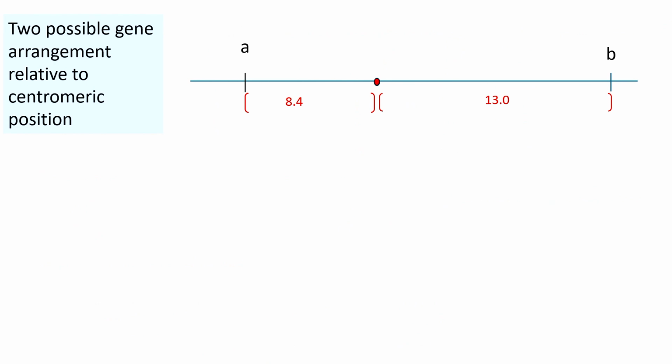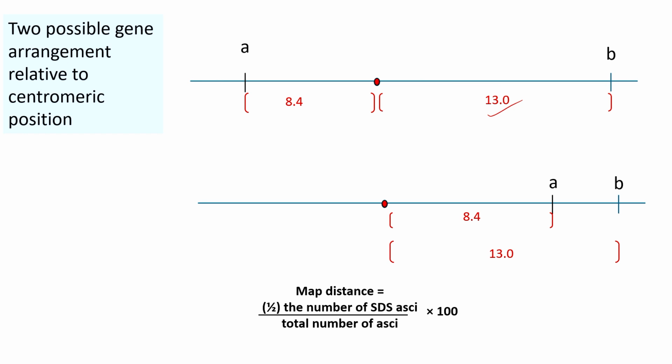And so you can arrange these two genes. If you put the centromere in the center, or at one point, then you have this A at 8.4 distance apart and B on the other side of the centromere at 13 centimorgan apart. You can also make it like that.